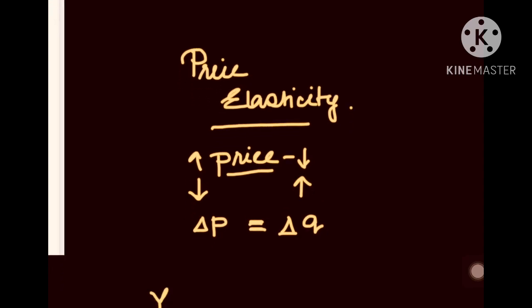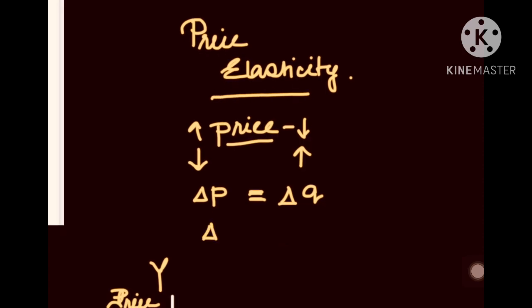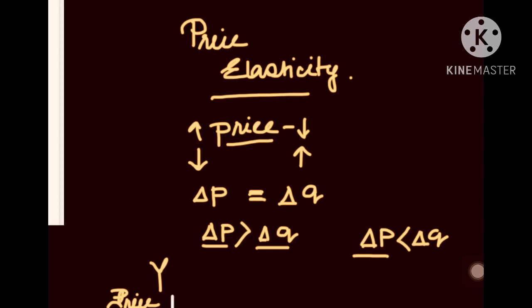So many times we can see the change of price, delta P, is greater than delta Q. So many times we can see delta P, the change of price, is less than delta Q. It means in the first condition price will change more and the quantity demanded will change less. In the second condition, price will change less but the quantity demanded will change more.